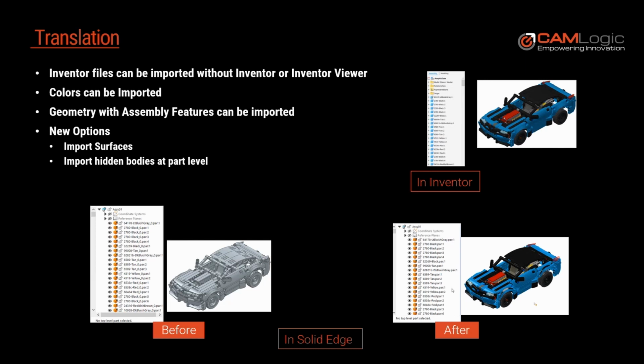You've got all the colors. It's easy to distinguish all the parts from one another. In the bottom left is how that same model would have looked when imported into previous versions of Solid Edge. In 2024, you can see that the model looks pretty close to the way it did in Inventor. It includes all the colors, easy to see and differentiate between the different parts, and pretty helpful for anybody who needs to import this type of data.